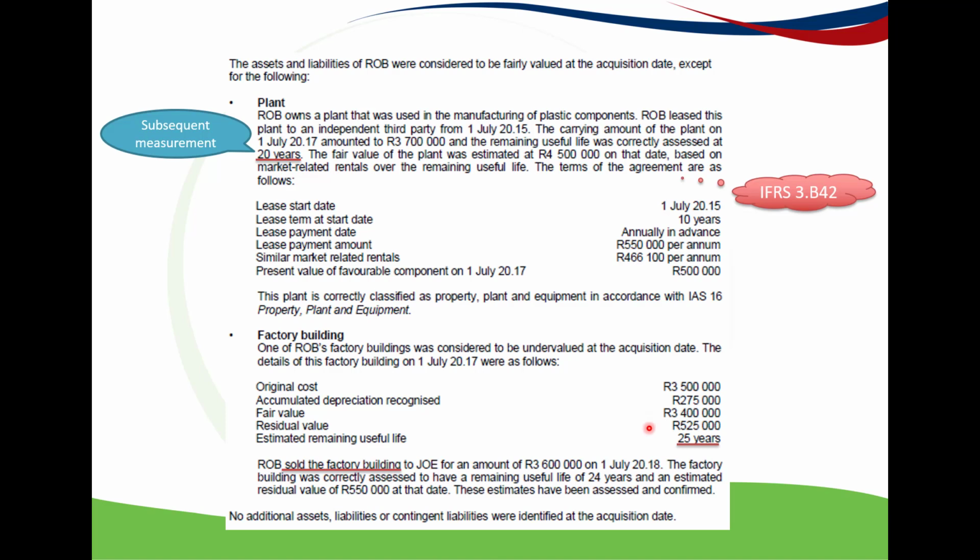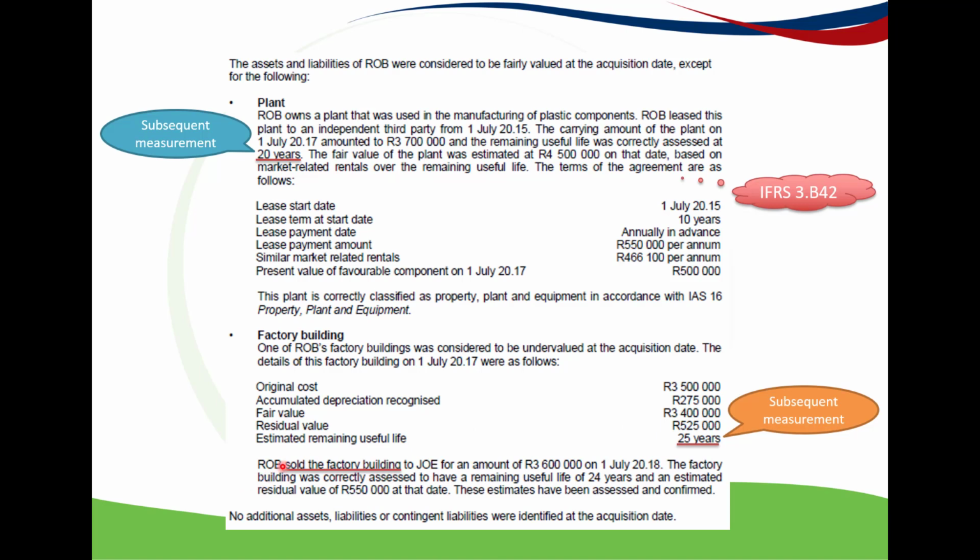And then there's a residual value that we need to take into account when calculating depreciation, and then there's a useful life as well, which we should be very happy about because we know that there will be a subsequent measurement required to depreciate the fair value adjustment at the acquisition date.